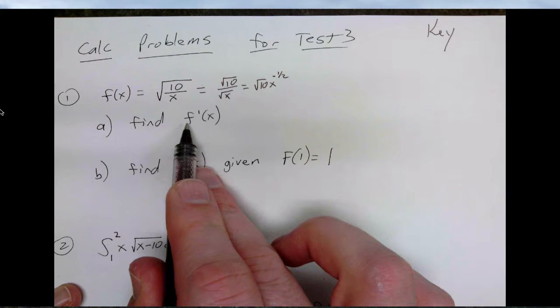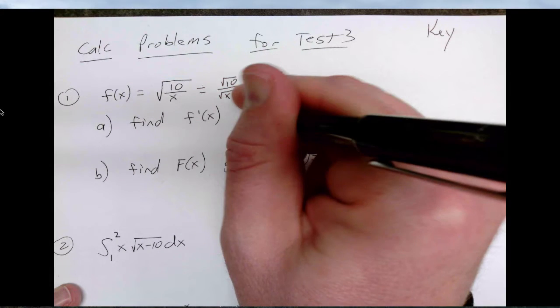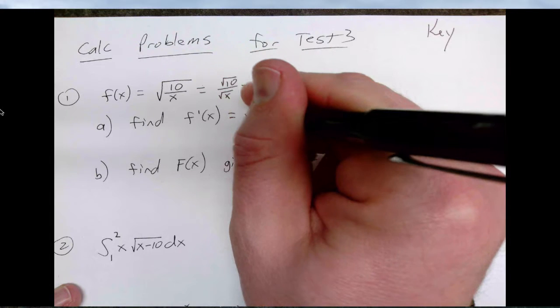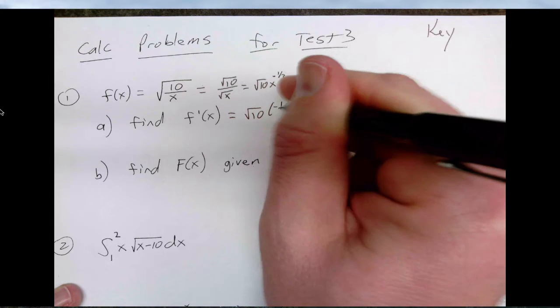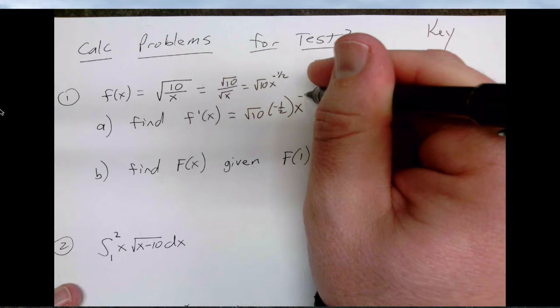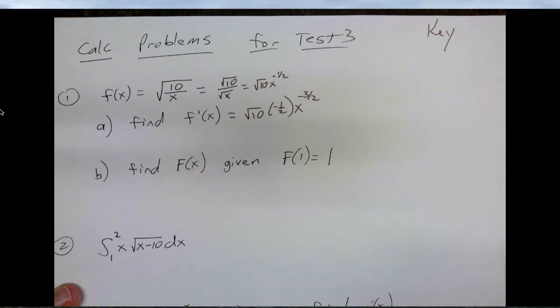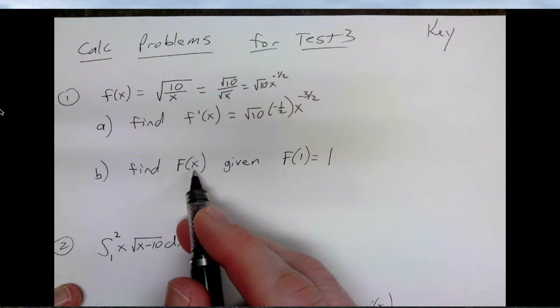So to find the derivative, the radical 10 is just a constant. So I've got my radical 10 in front, the negative half will come down, and the x will decrease in power by 1, so negative 3 halves. Next, find capital F, which is the integral.